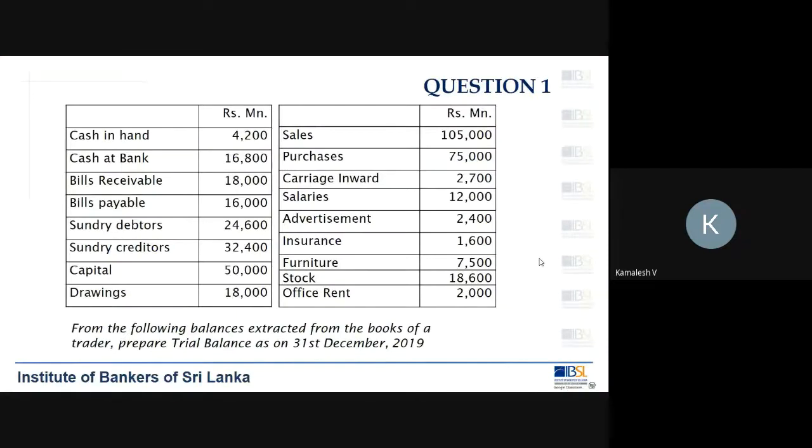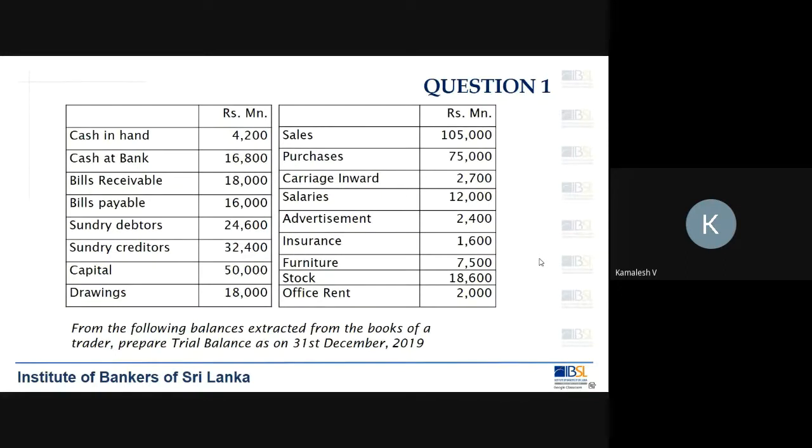So the trial balance is given. What is the first step that you do? This is very important. When you go to the exam also, sometimes you might be given a list of account balances like this, where you will have to prepare the trial balance. So tell me how we can approach this question.